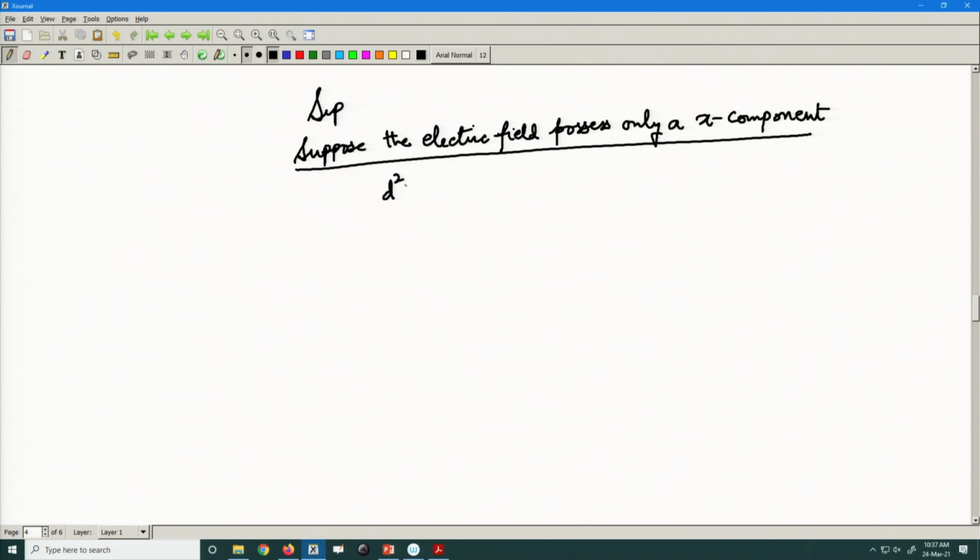Which is independent of x or y and dependent only on z. Therefore, we have d square E x d z square, because the other variations, del square del x square or del square del y square, will be 0. So, we only have d square E x d z square and the other field components are 0. So, there is only E x, plus k square E x equal to 0.